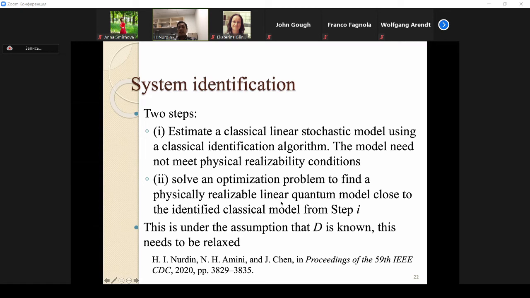This optimization problem will produce a set of ABCD matrices that satisfy the physical realizability constraint. This work was under the assumption that D is known. But this assumption needs to be relaxed, and that's work that's currently being investigated, how you can remove this assumption.